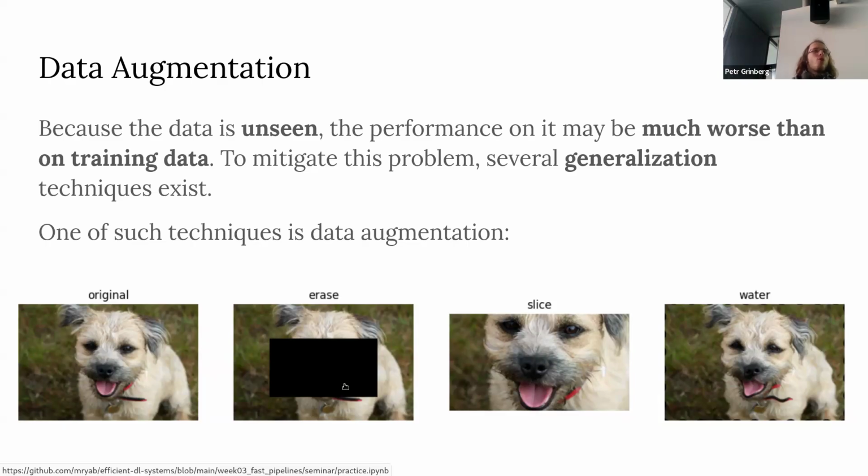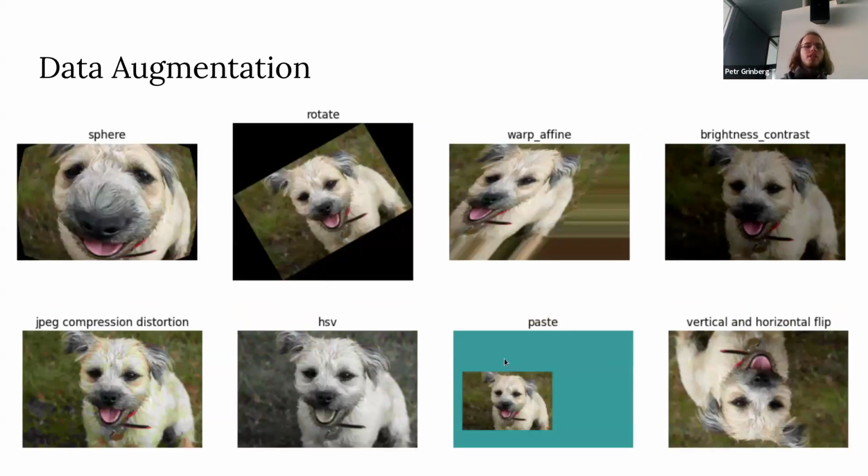So you want your model to also know that this is a dog, even if you see only this part of a dog. Or if you zoom in to the center of a dog, to its mouth, you still, as a human, know that this is a dog. And with all other modifications here, you as a human also know that this is a dog.